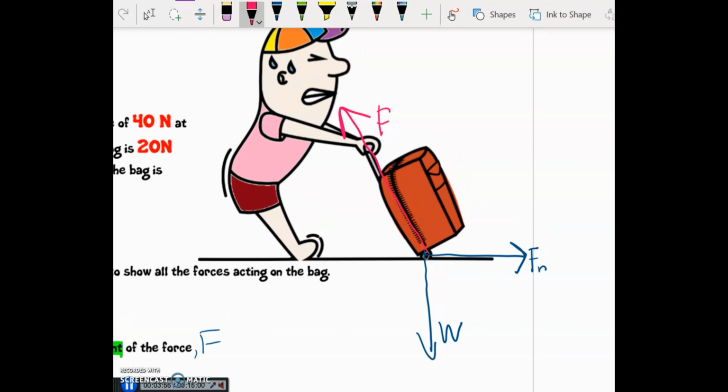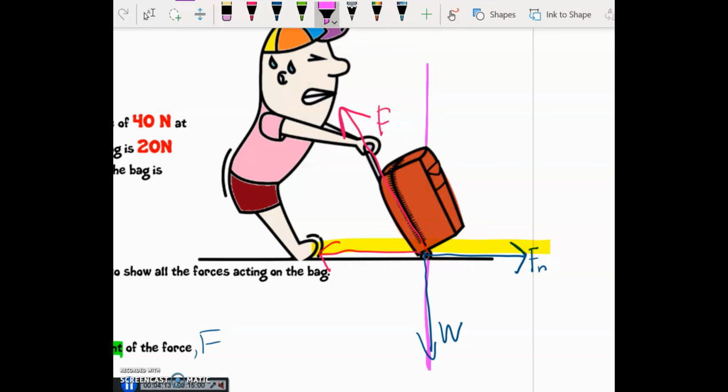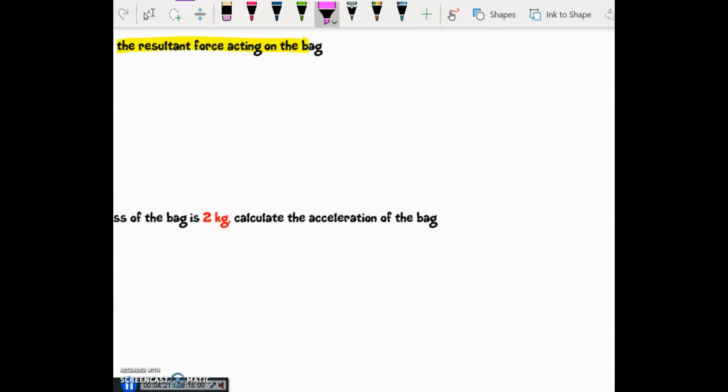You have the direction horizontally, which is to the left, and the frictional force acting against, that is the horizontal direction. At the same time, you also have the direction in the vertical. Here, you have Fy and also W. So you have to calculate the resultant force for both directions.